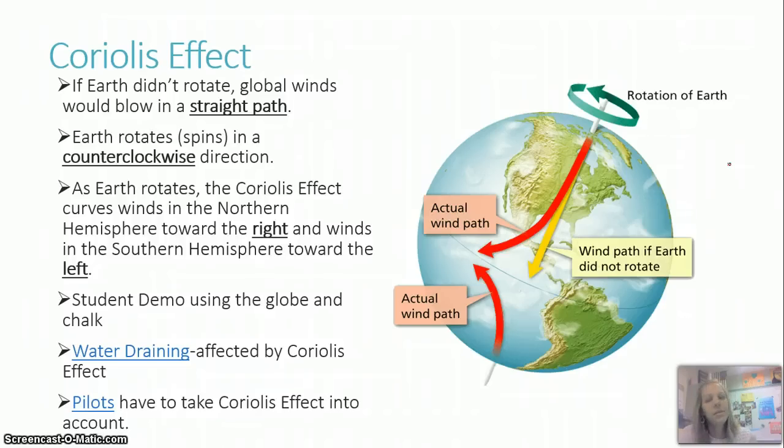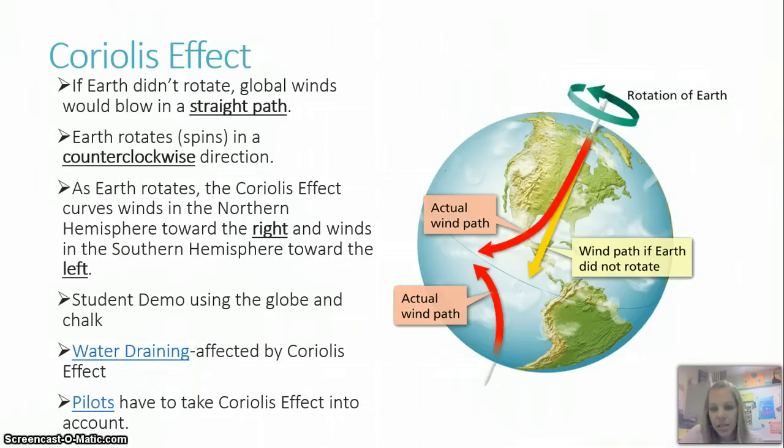So, there's something weird though with global winds as well. We have something called the Coriolis effect. And what you need to understand is that if Earth didn't rotate, then global winds would blow in a straight path.